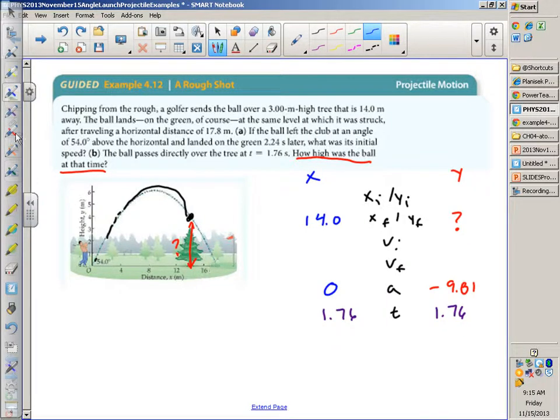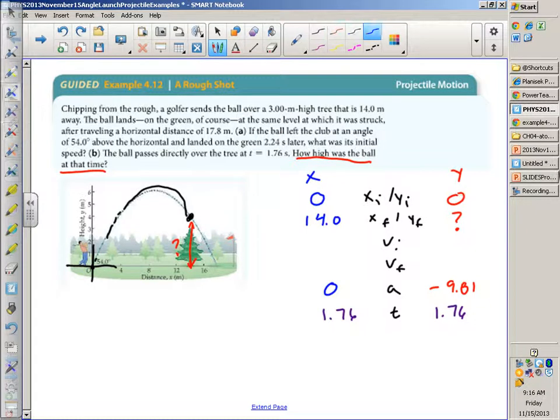If, once again, we assume that this point right here is our reference point, that means it started at x equals 0 and y equals 0. Now, we also have a bit of information from the previous problem that we can use, right? What did we figure out in the previous problem?